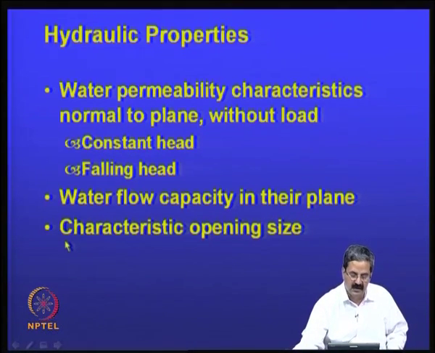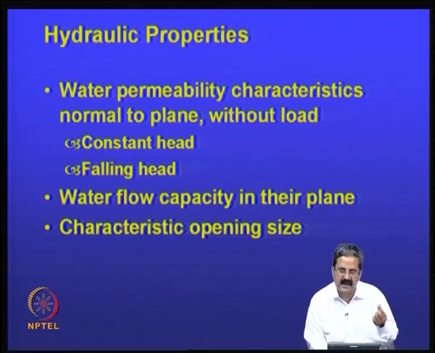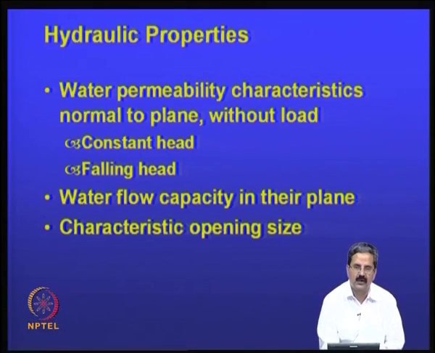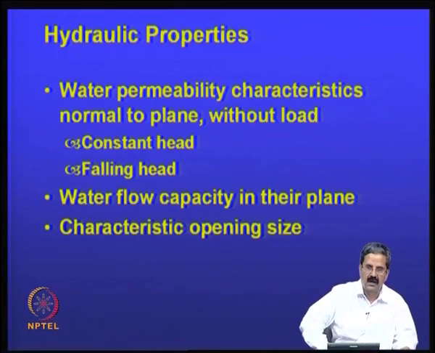Then there is what is called the characteristic opening size. All geotextiles have some opening size. Say, for example, you take prefabricated vertical drains, which I mentioned in the previous class for improvement of soft ground. One is a filtration characteristic, the other is a drainage characteristic. In filtration, only the water should enter, not the soil.